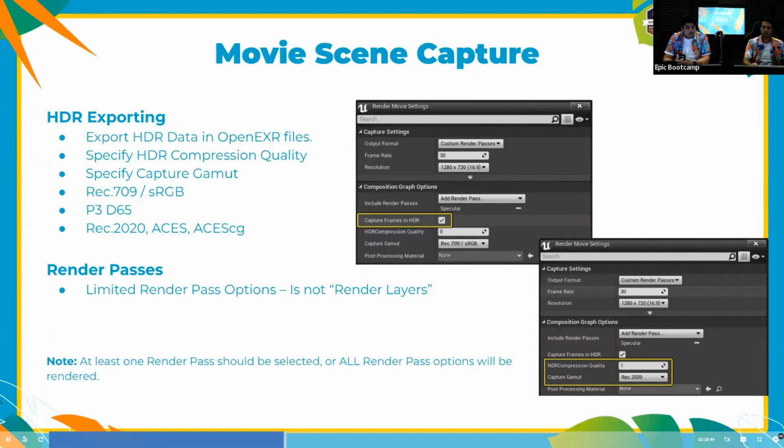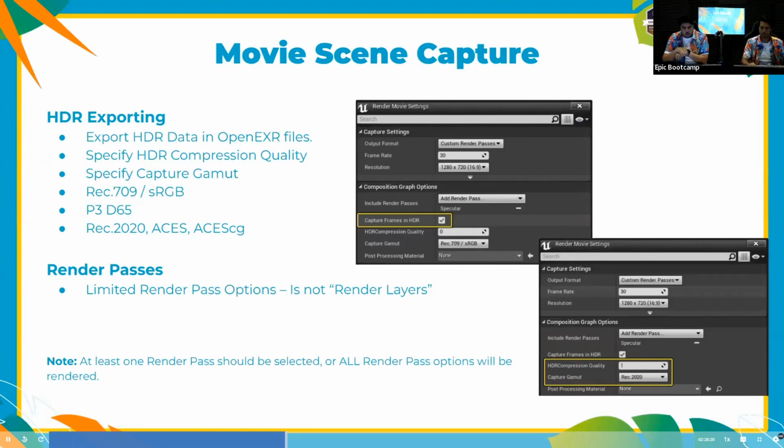Also, one of the things that we could do is create passes of render, but when you see this in difference to what you could do, for example, with the movie render queue, you won't be able to create passes of render or layers of renders. And this is a big trouble.